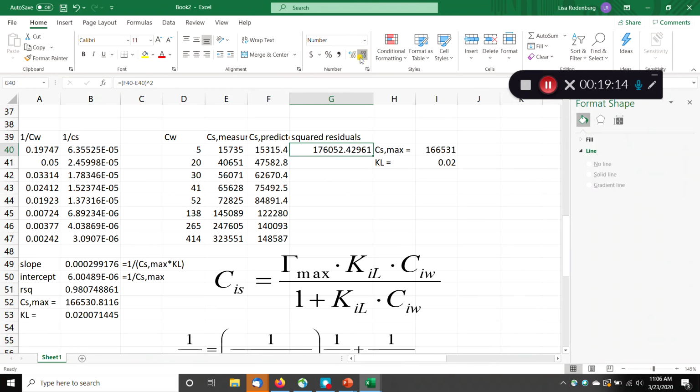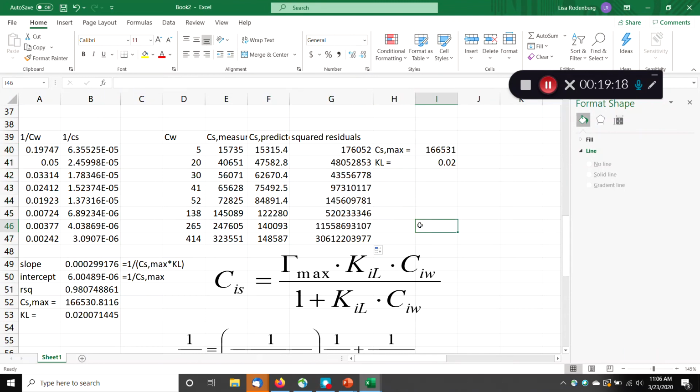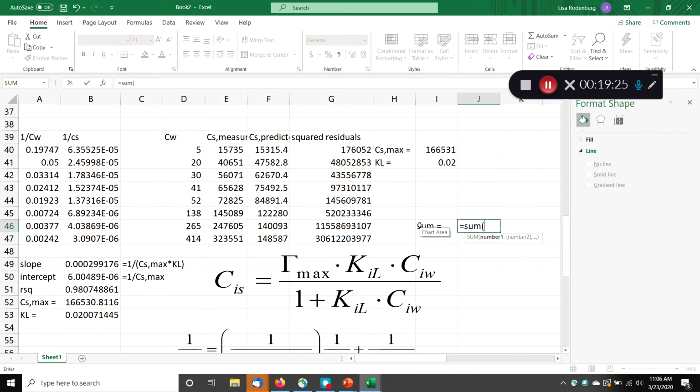Way too many significant figures. Then we can copy these all down, and we want to minimize the sum of them. So here's the sum of our squared residuals.